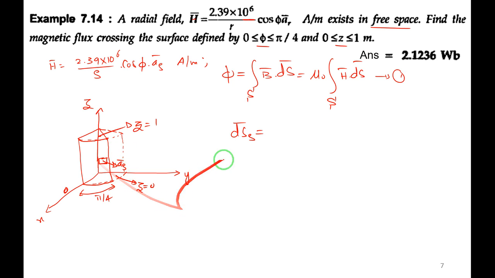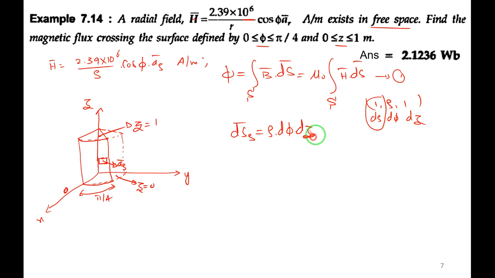Is it fine? Next, the scale factors are 1, rho, 1, and the differential elements are d rho, d phi, dz. I want the differential surface area along the rho direction, so leave this and multiply the other two: 1 into rho d phi dz. So rho d phi dz into a rho. Once this is found, take the dot product of H dot dS.